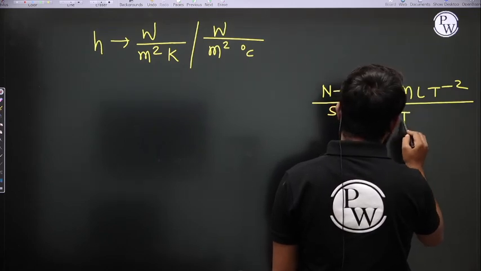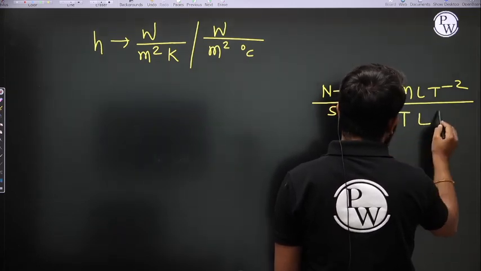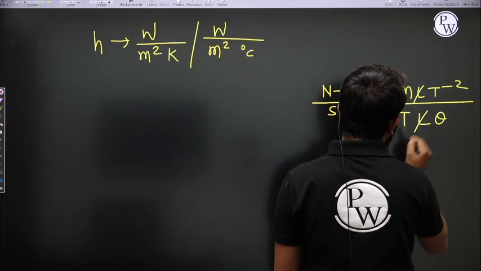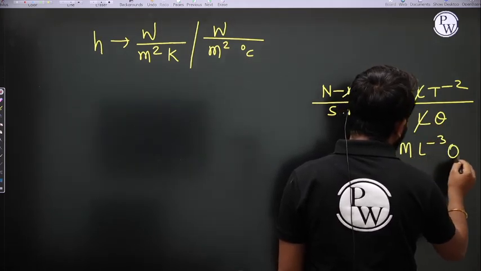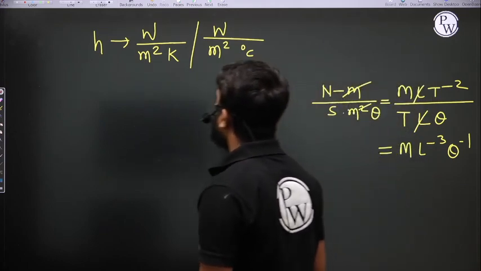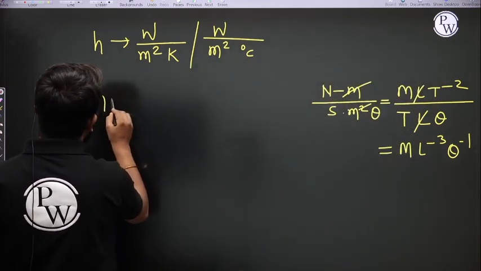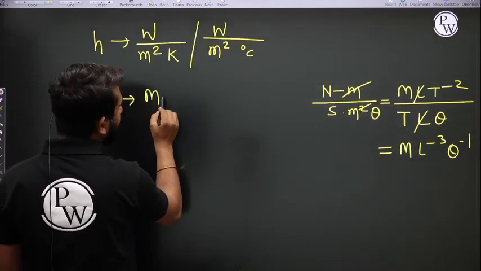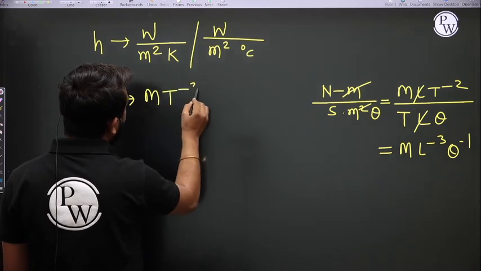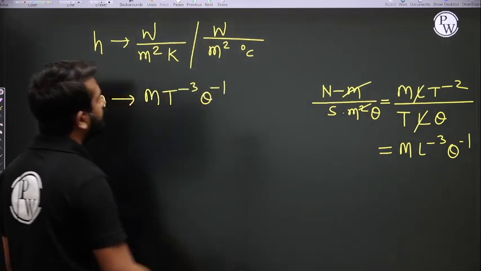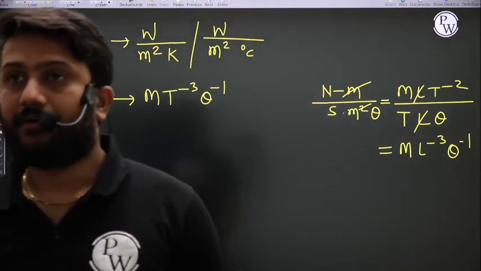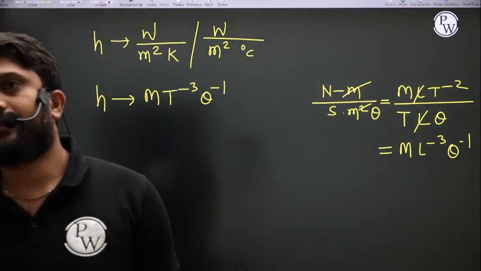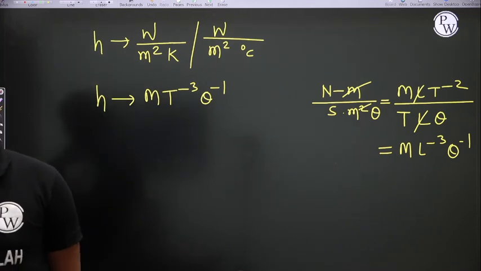So L cancels out, and this is M T minus 3 theta minus 1. So the unit of h, the fundamental dimension for h, is M T minus 3 theta minus 1.